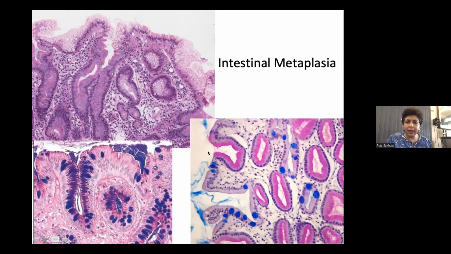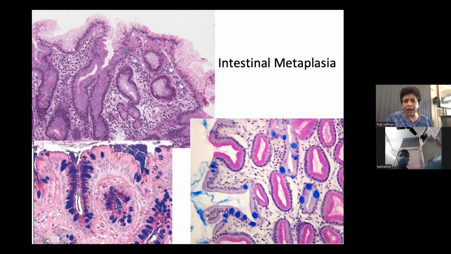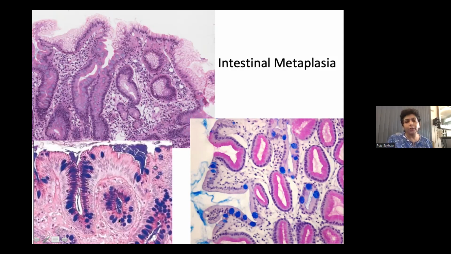The metaplasia can be complete, whereas it resembles small intestine mucosa with some brush border and some normal gastric type of glands and these goblet cells. This is the right-hand picture. The left-hand picture shows a mixture of mucins along with goblet cells. Now, this is a picture of incomplete intestinal metaplasia.